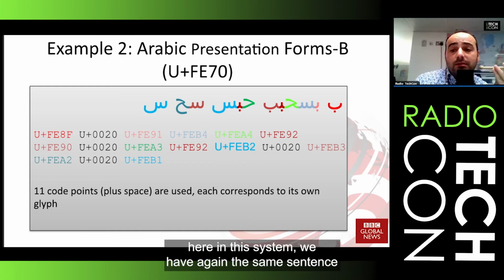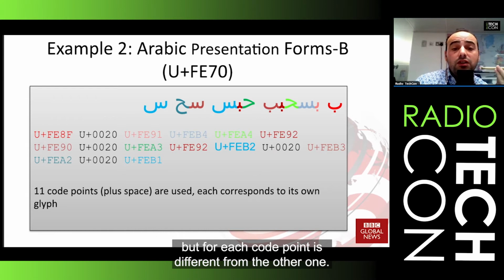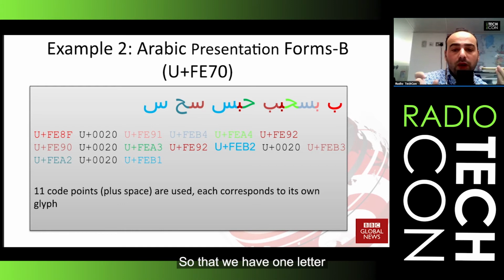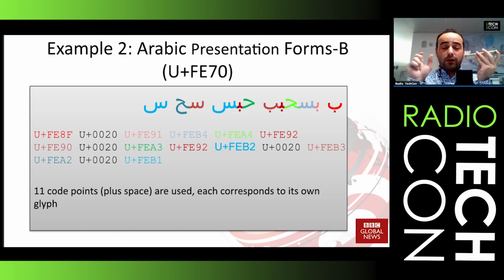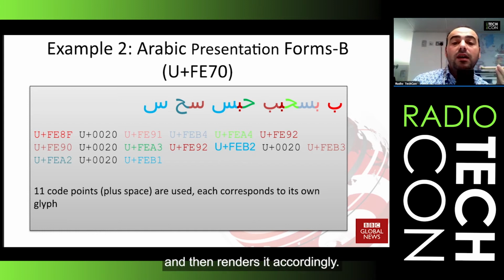Here in this system, we have, again, the same sentence, but each code point is different from the other, so that we have one letter, and it has at least 3 code points. Each code point represents a specific shape of the letter itself, and then renders it accordingly.